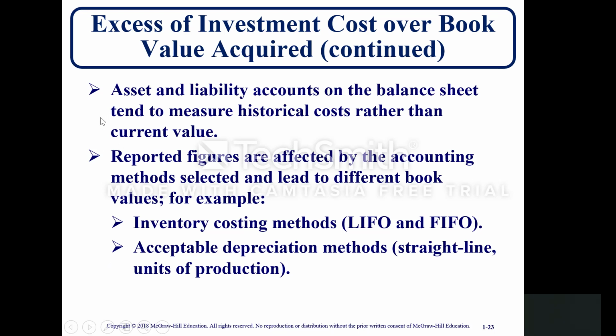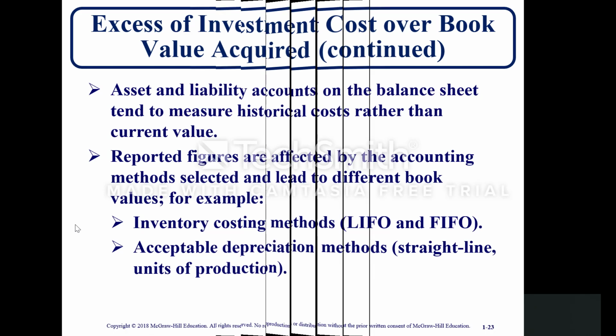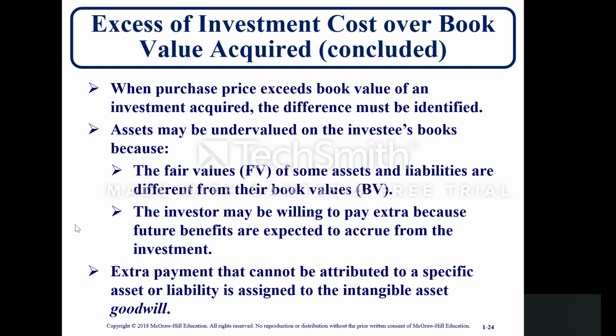Assets and liability accounts on the balance sheet tend to measure historic costs rather than current value. So reported figures are affected by the accounting methods selected and lead to different book values, for example, if a company uses LIFO or FIFO for inventory or straight line for depreciation. When purchase price exceeds book value of an investment acquired, the difference must be identified.